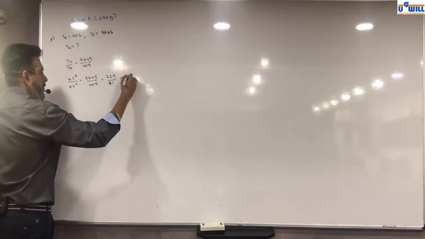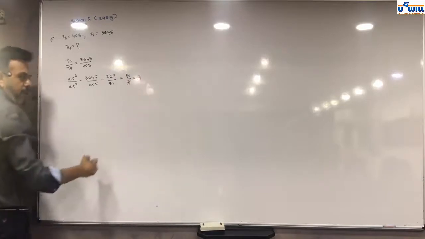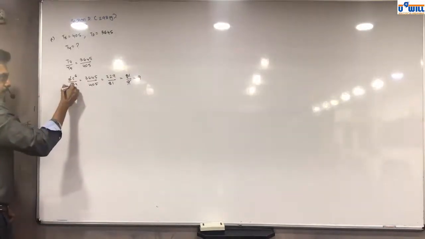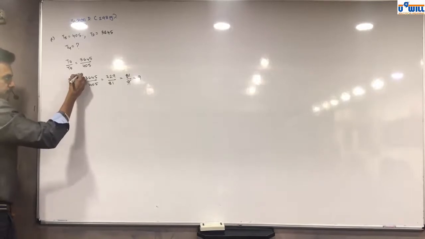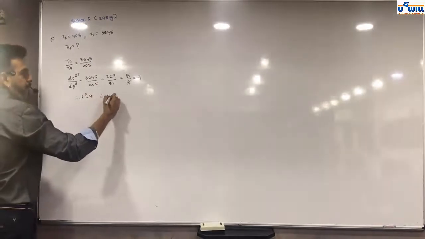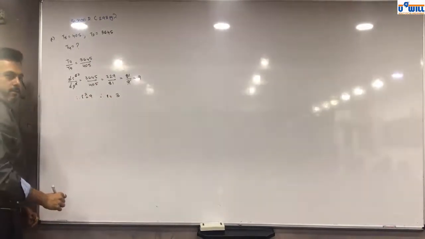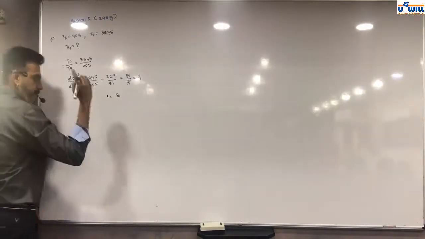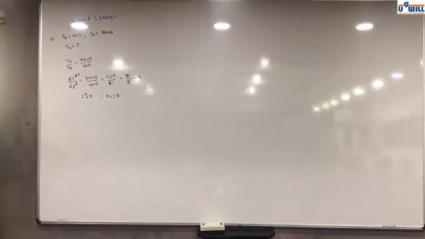Yes. 81 and 9, which is equal to 9. यहाँ पे a cancel, r raised to 4, 6 minus 4 will be 2. Therefore r square is equal to 9. Therefore r is equal to 3 is wrong. R is equal to 3 is wrong. Yes, please don't forget this plus or minus.